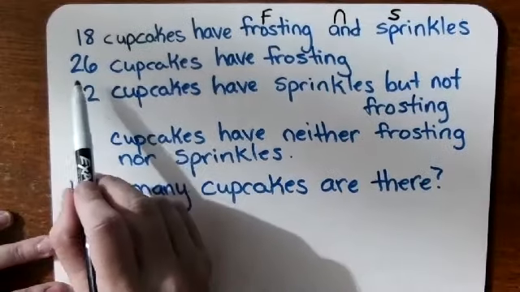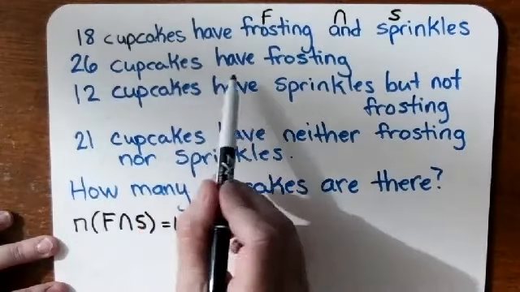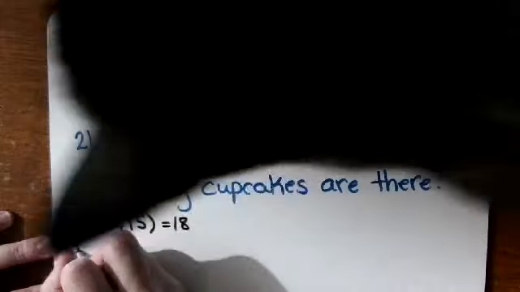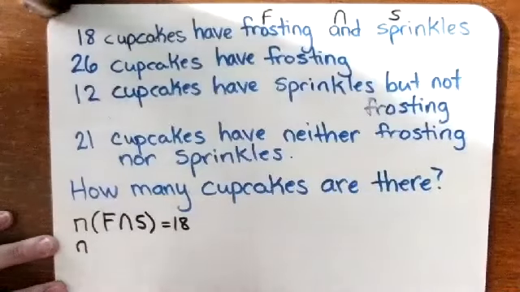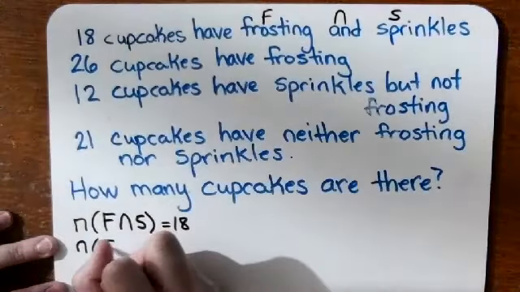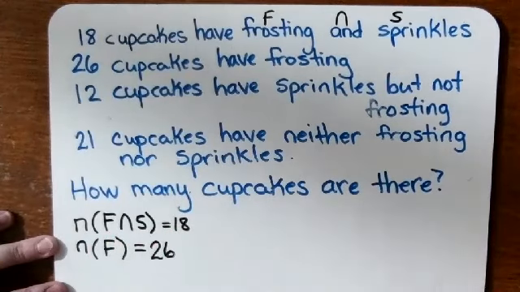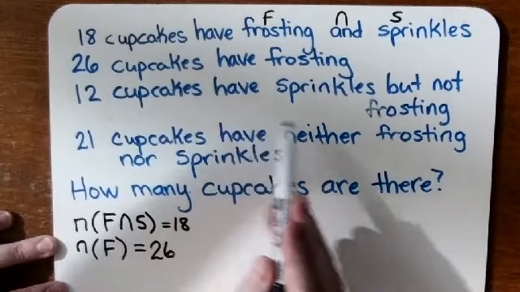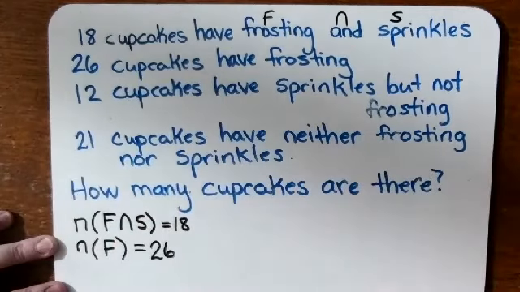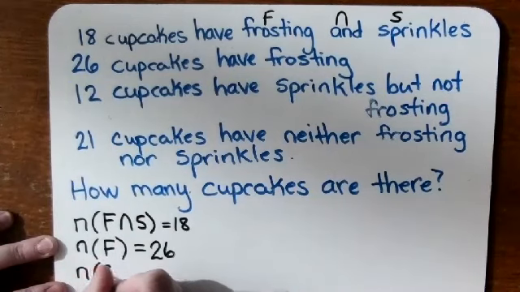Now we have 26 cupcakes have frosting, so the number with frosting is 26. 12 cupcakes have sprinkles but not frosting. So the number of cupcakes that have sprinkles but not frosting is 12.